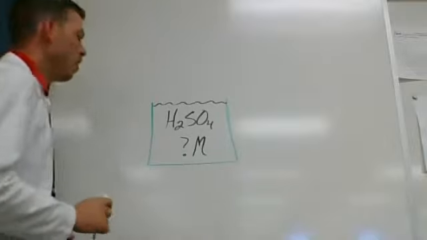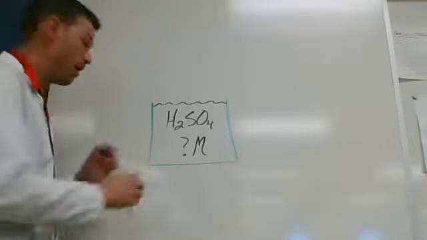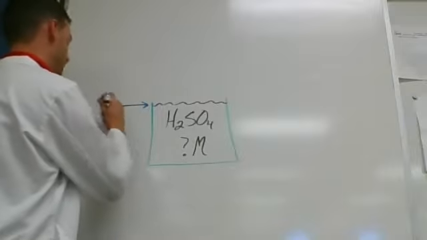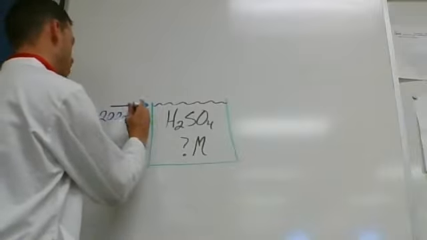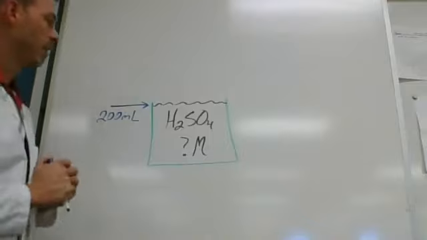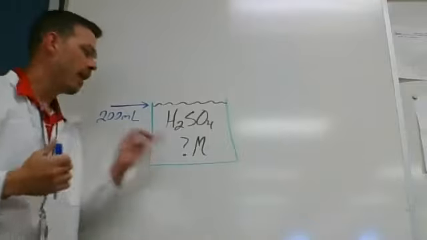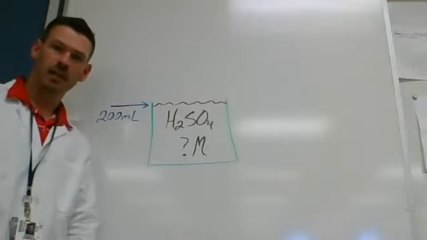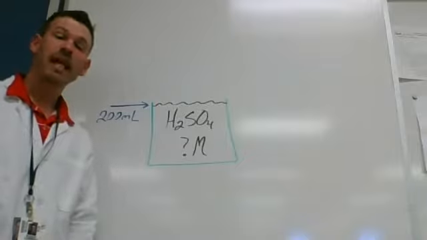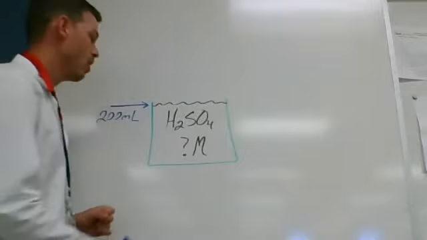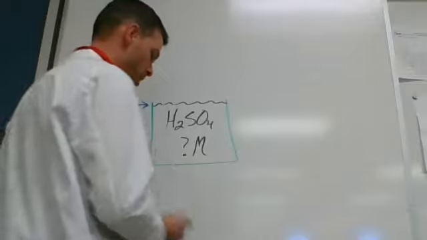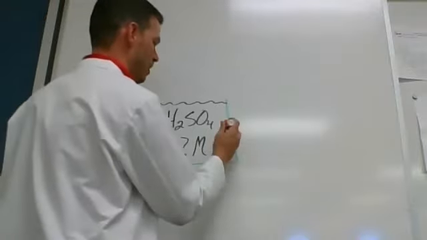All right. Well, one thing I could find out about it, though, is I could figure out how much of it there is. Like maybe there's 200 milliliters. All right. But then how would I figure out the molarity if it's just sitting there on the counter? Here's how the titration would work. One of the things that we would do is we would add an indicator to the solution.